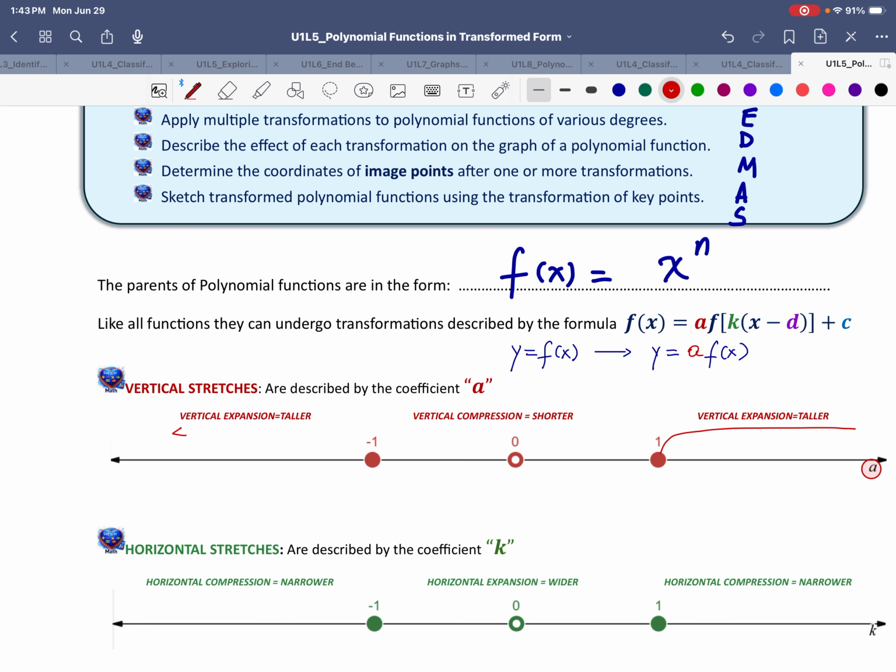So in this case, we're going to say that if a values are less than -1, the function will still undergo a vertical expansion. But since the values of a are negative, and that can happen for any negative a value, we're going to say that the function will change into the negatives.